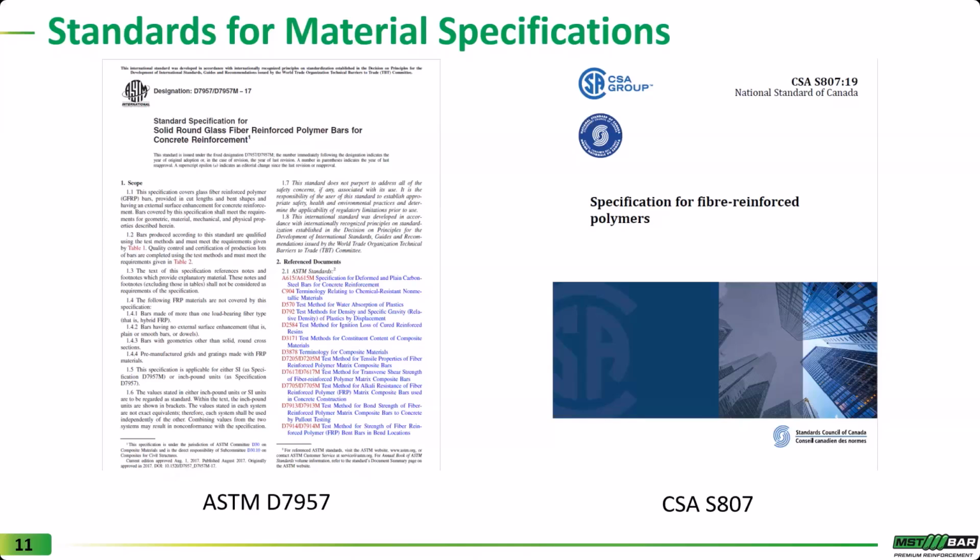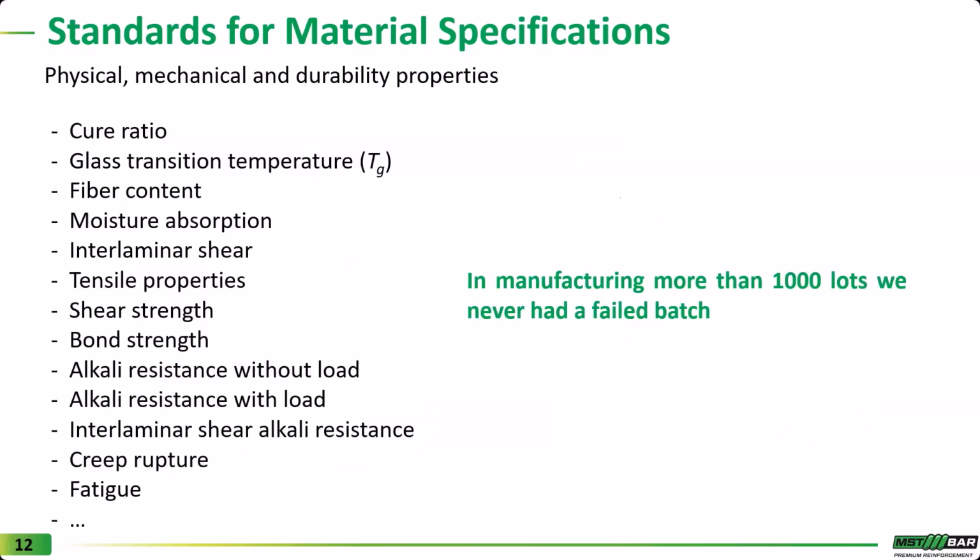Some ministries of transportation in Canada and departments of transportation in the US have their own material specification requirements that the manufacturer needs to comply with in order for their product to be eligible to be used in construction applications.